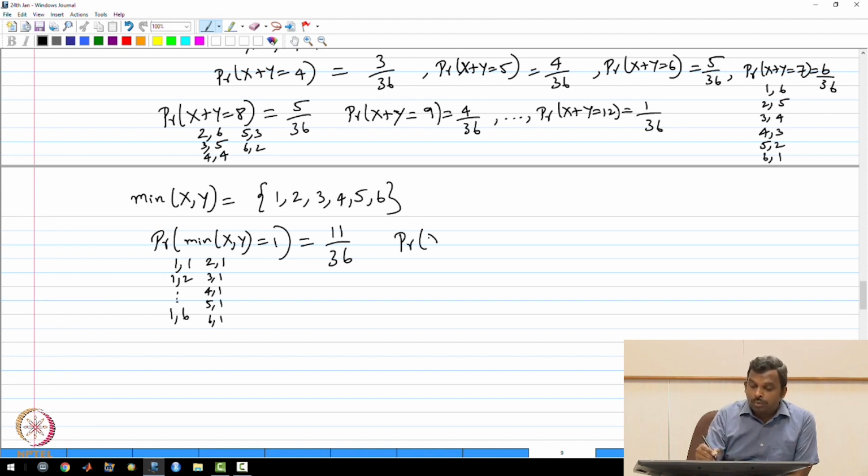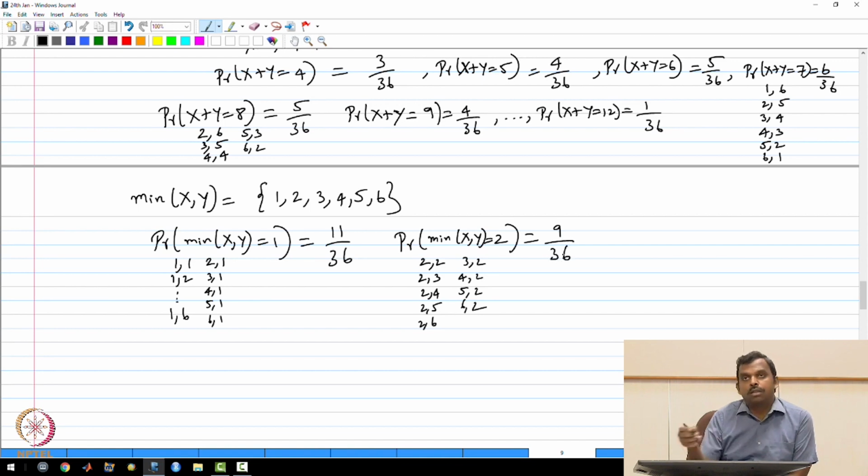Even for 2, you need to look at min of xy equal to 2. Remember, it's equal to 2, so it cannot have 1. So it should be (2,2), (2,3), (2,4), (2,5), (2,6), and also (3,2), (4,2), (5,2), (6,2). So that's 4 plus 5, 9 possibilities. It will go on like this.